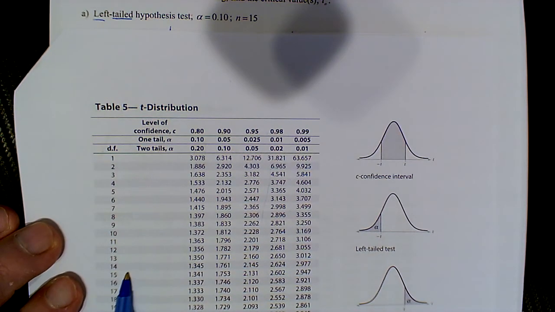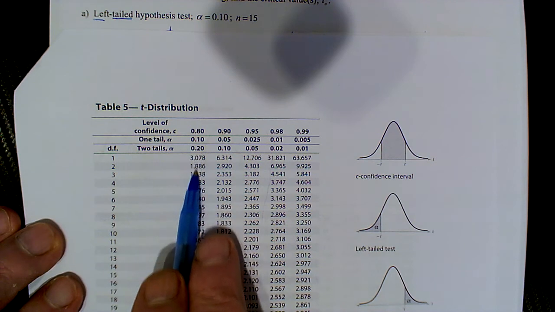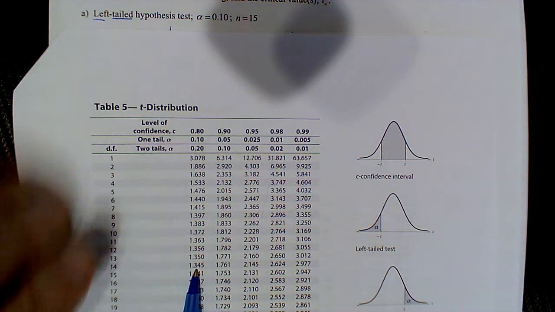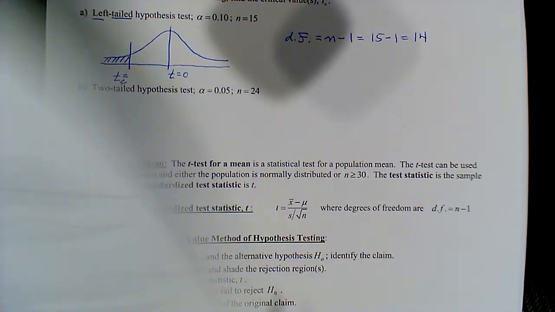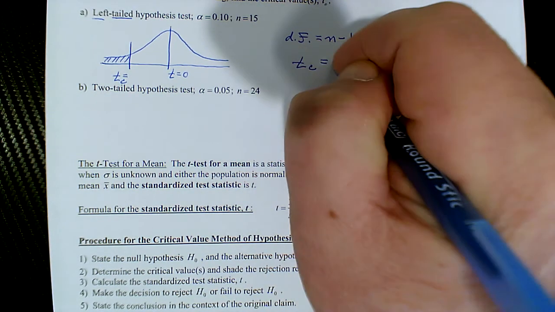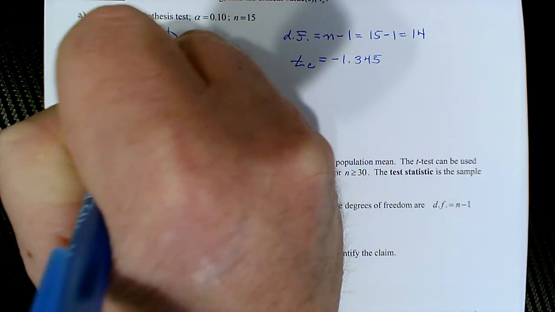So the 14 row intersected with the 0.10 one-tailed will be our first column here. And so that would give us 1.345. But because it's a left-tailed test, we say t sub c is negative 1.345. So if you wanted to label it in the diagram as well.